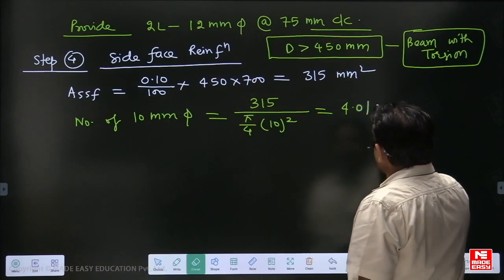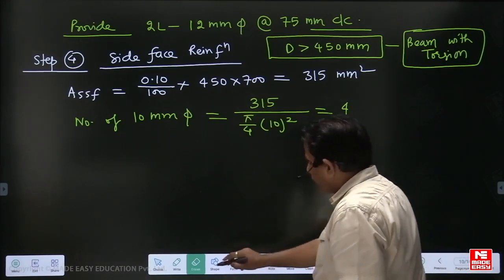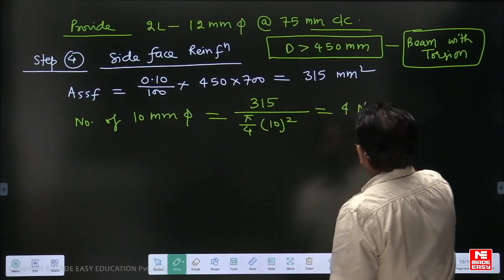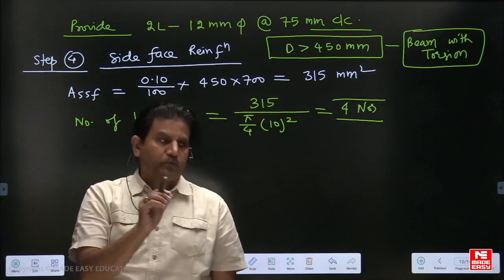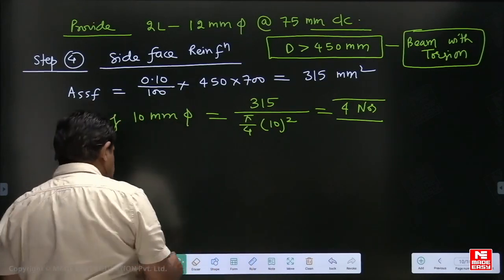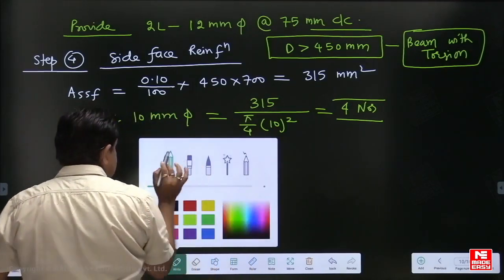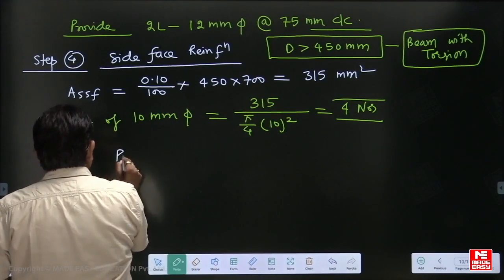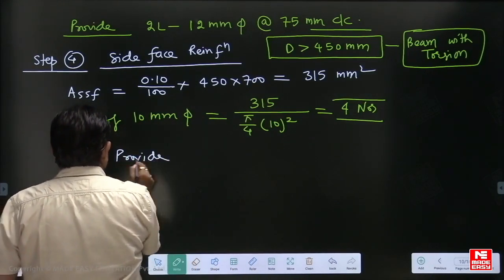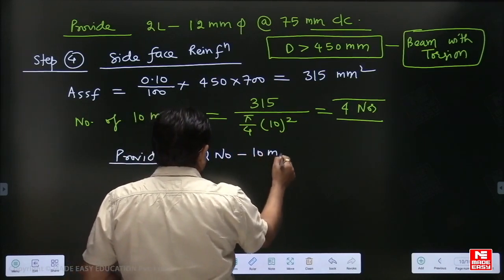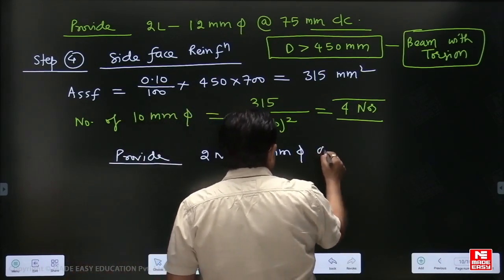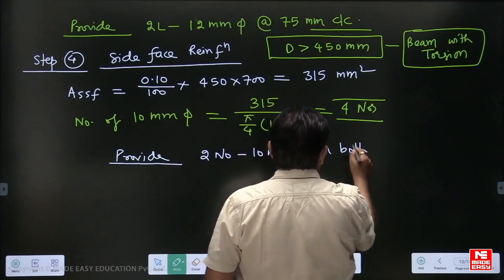So 2 number of 10 mm dia on both sides you can provide, neglecting that 0.01, which is very small. So you can provide 2 number of 10 mm dia on both faces of the beam.